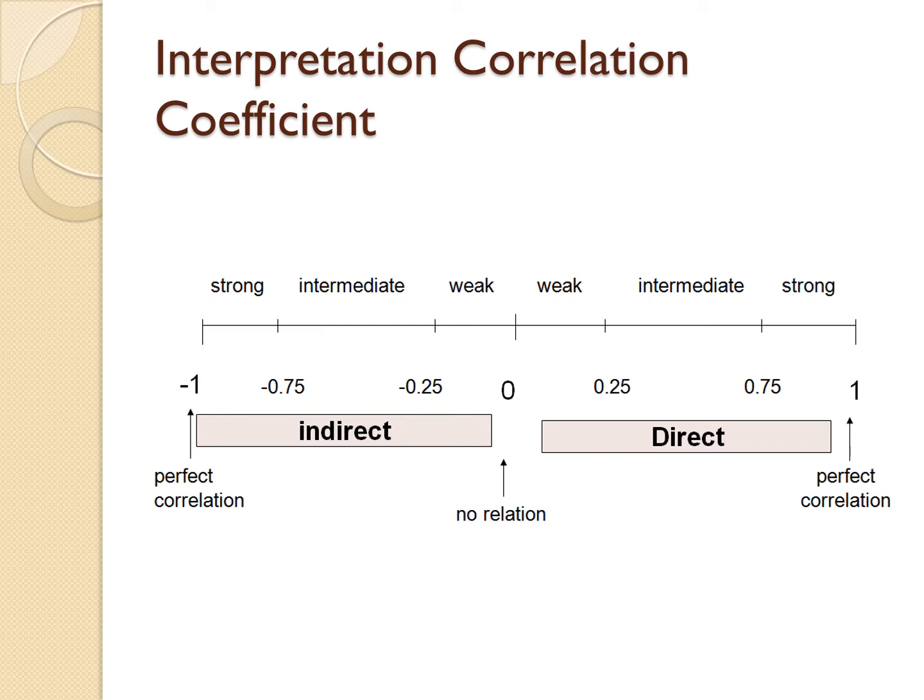This means that the relation is direct, or an increase in one variable is associated with an increase in the other variable, and also a decrease in one variable is associated with a decrease in the other variable. Correlation coefficients that are closer to 0 show that there is no relationship between the two variables.